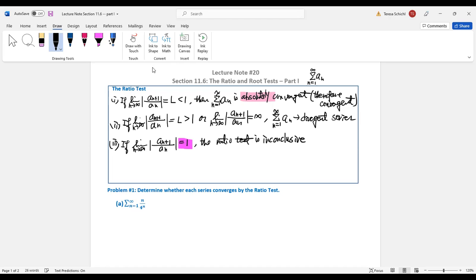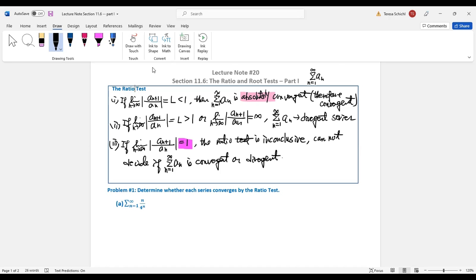That means I cannot decide if the series is convergent or divergent, so we might need to find a different method to check it.